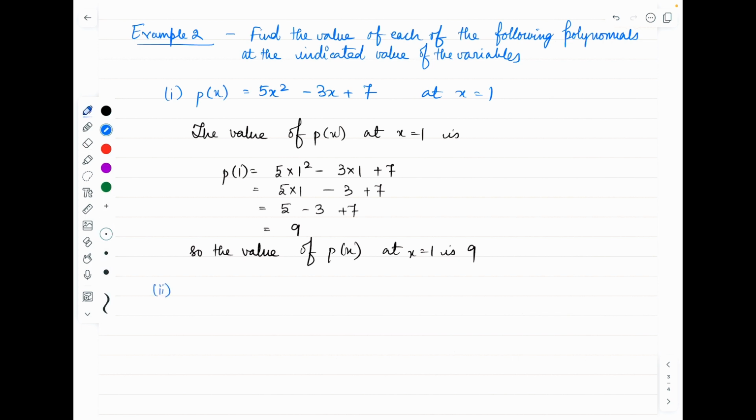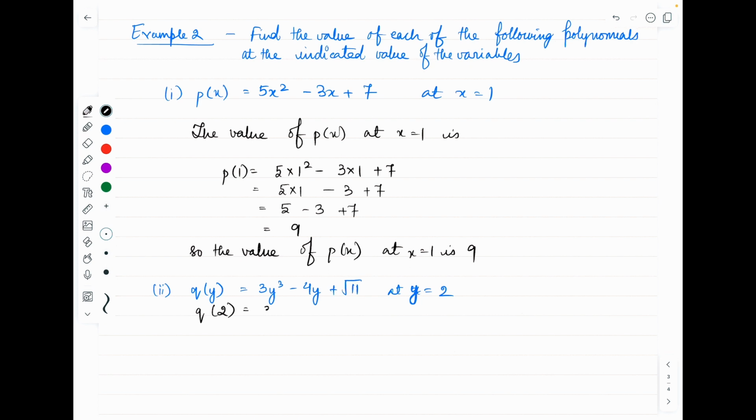The second question is q of y equals 3y cube minus 4y plus root 11 at y equals 2. So we have to find q of 2.